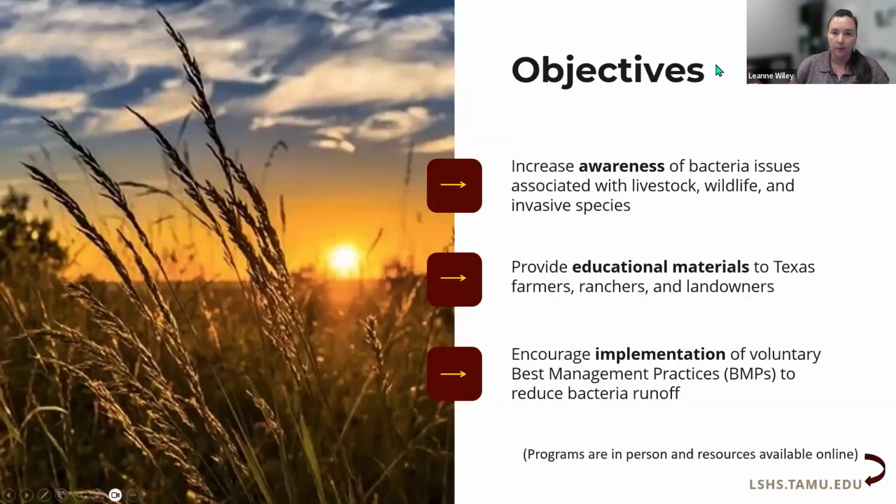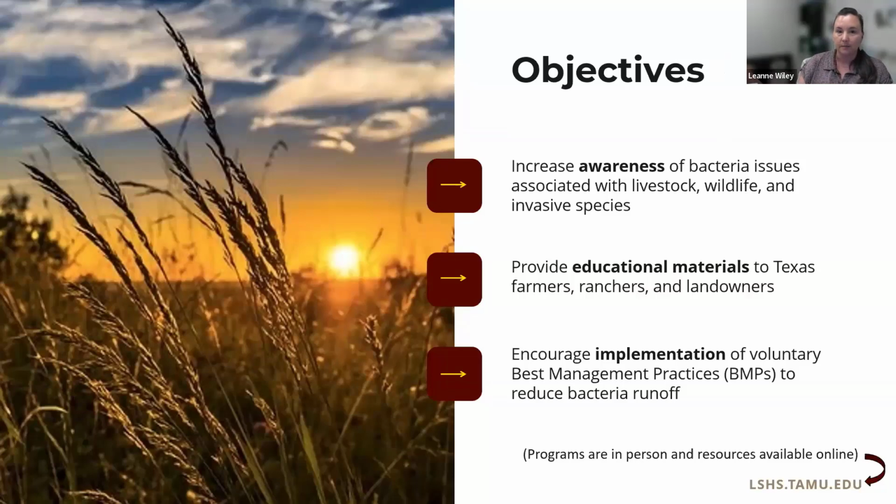The objectives of the program are creating that awareness, so what I'm doing now, of the bacteria issue that is associated with the animals, and then providing education materials to farmers, ranchers, landowners, master naturalists, any type of group that will let me get in front of them at this point. It started more directly at the landowners, but it's evolved now that we need everyone to be aware.